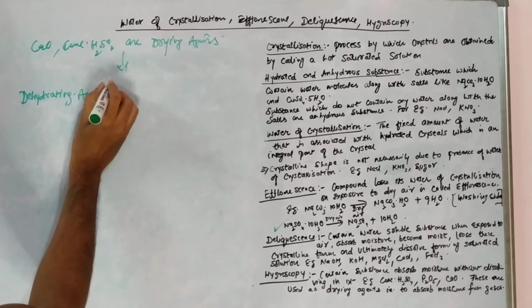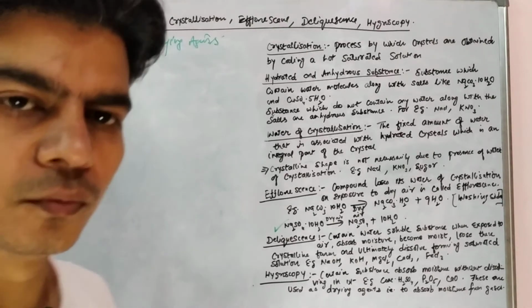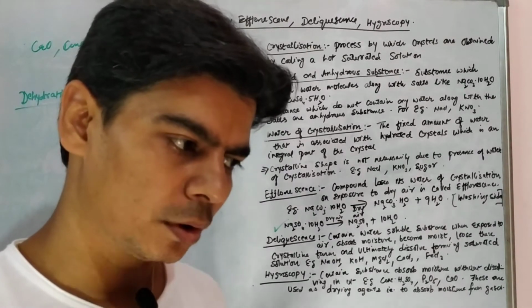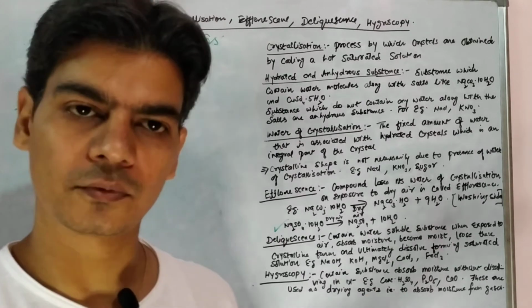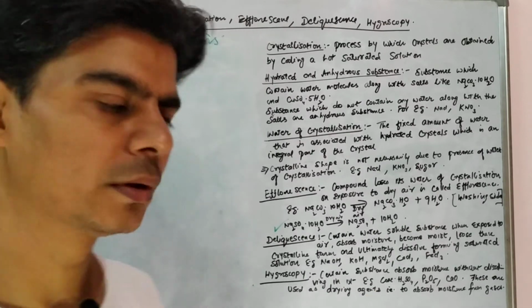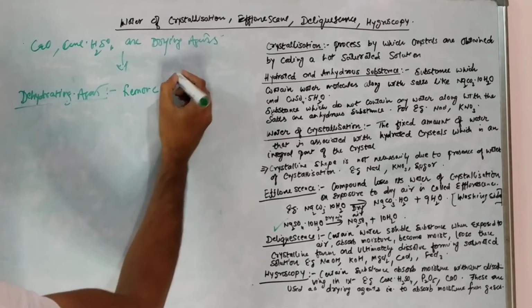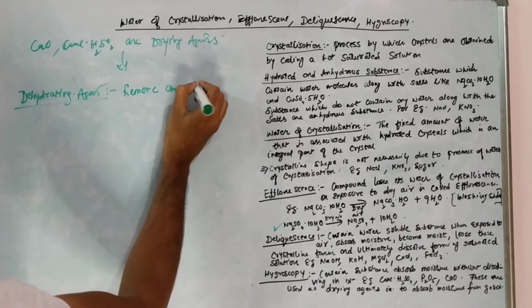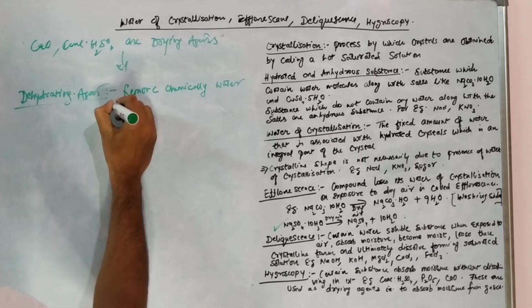What will a dehydrating agent do? A dehydrating agent will chemically remove water molecules from other substances.